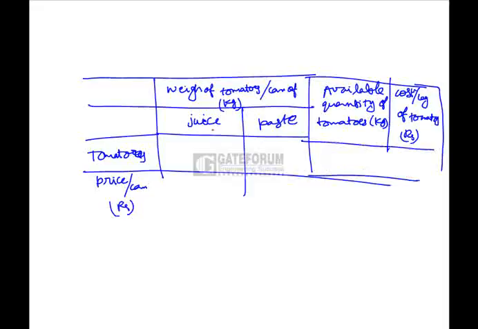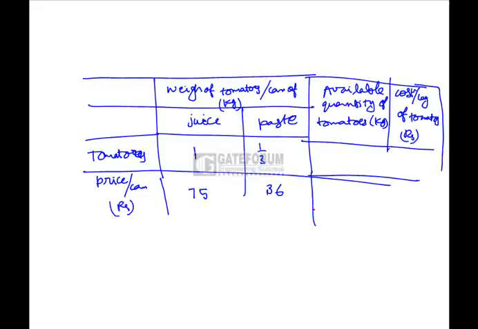So here the weight of tomatoes per can of juice is 1 kg and the weight of tomatoes required per can of paste is 1/3 kg, and the price per can of juice is 75 and price per can of paste is 36.